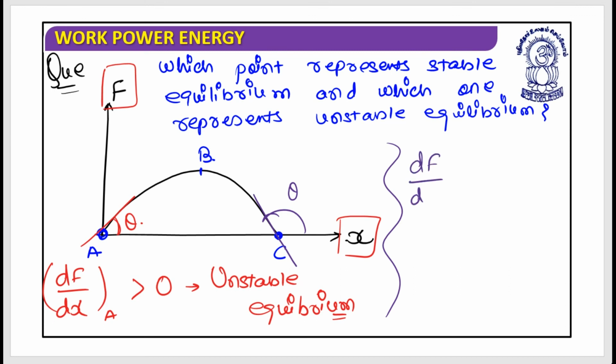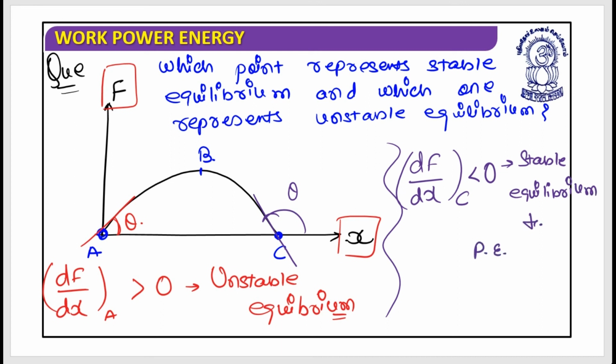If this is obtuse, df by dx is less than 0 at point C, and this represents the situation of stable equilibrium. Even this shows that potential energy at C will be minimum. Is it clear? And B shows no equilibrium.